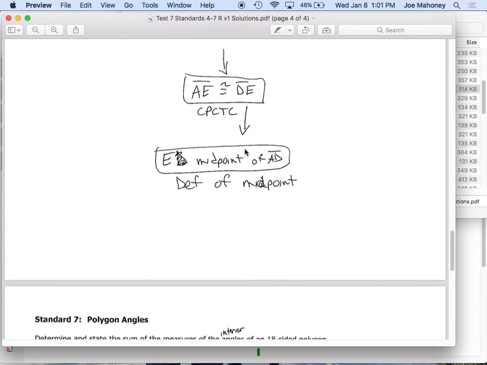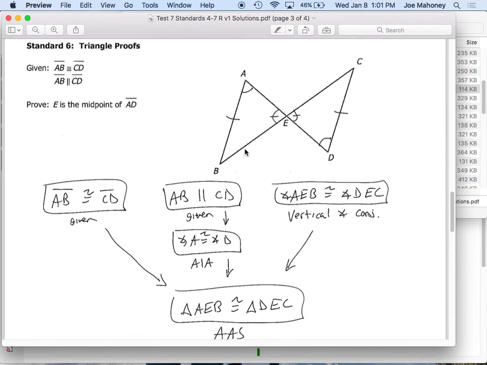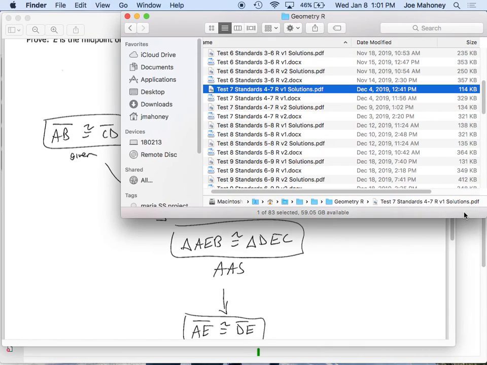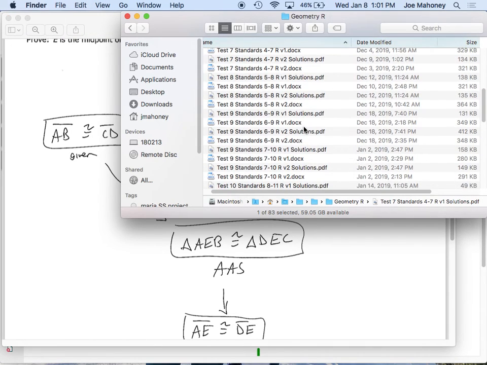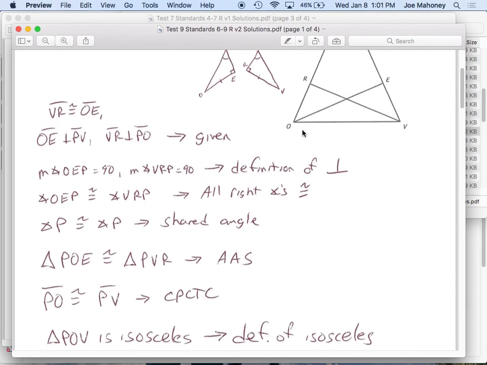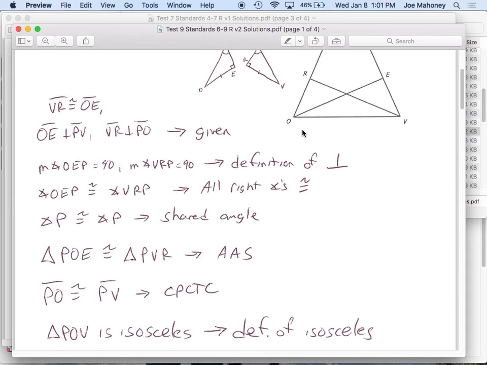Now do a proof, and you can write it up yourself as a paragraph or a flowchart. Let me show you a quick one. I call them paragraph proofs, but they're really not paragraph proofs. I might write something that looks like this. Well, that's kind of bad, but I would say like, by something, comma, something is true. That's more like my answer key where I just throw things down.